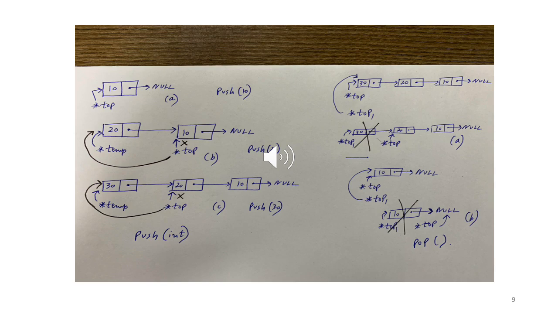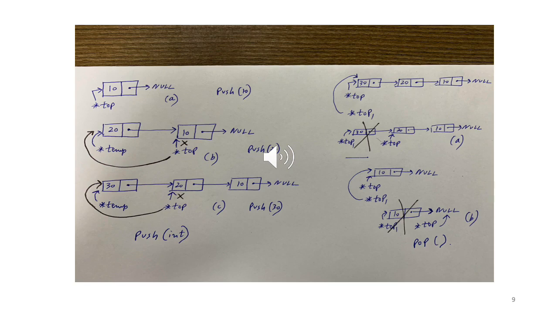What is the next line of code? Temp arrow info equal to data. Of course we have to put 20 in the new node. And what is the last thing we do? As you can guess, we have to change the value of top. This node with info equal to 20 becomes the new top. So what we do is top is temp.